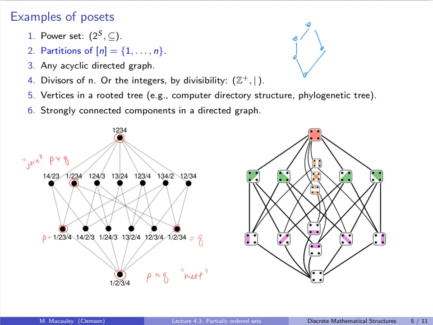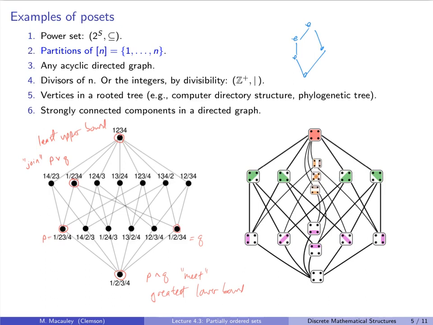So this is a greatest lower bound, and the join is a least upper bound. And upper bounds may or may not exist in all posets, and there may not be a least upper bound. If the poset's infinite, the set of upper bounds may not have a least element, or a minimal one might not be unique. There might be multiple ones.